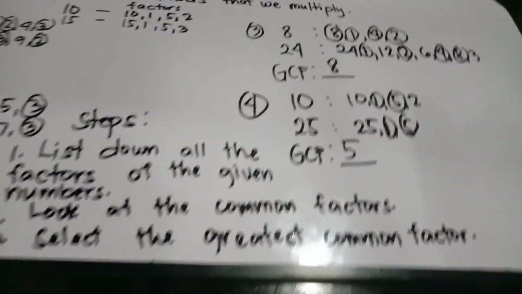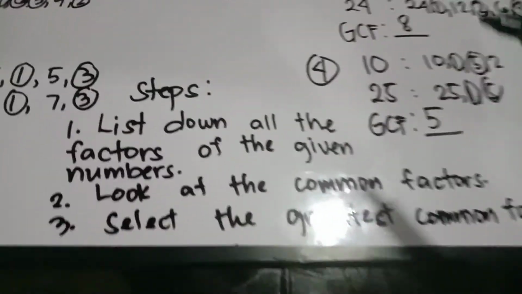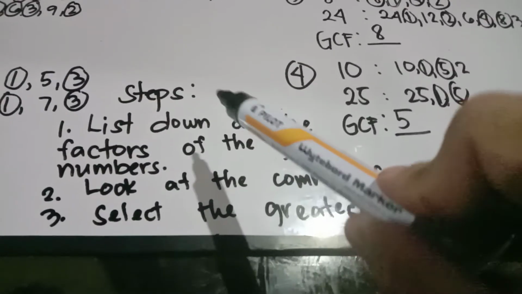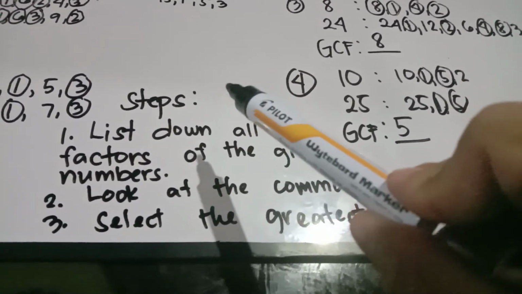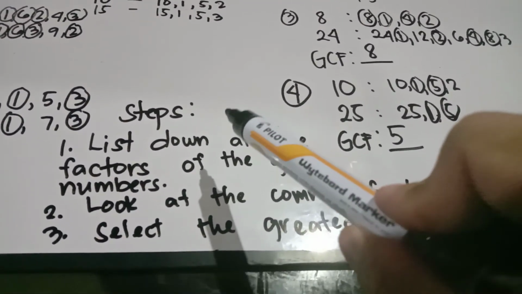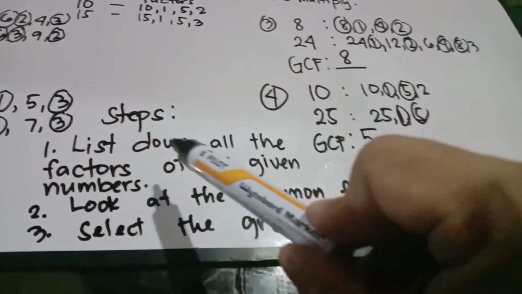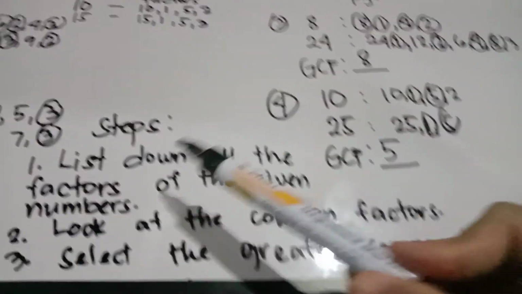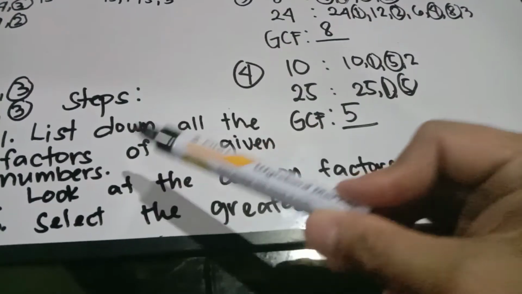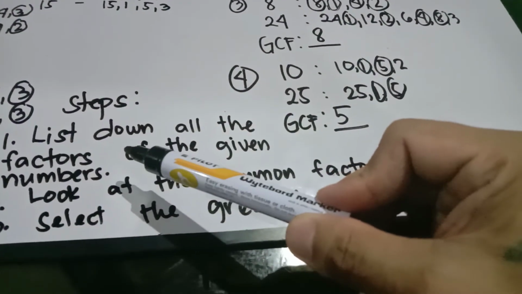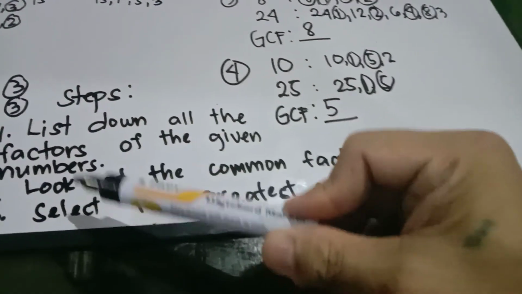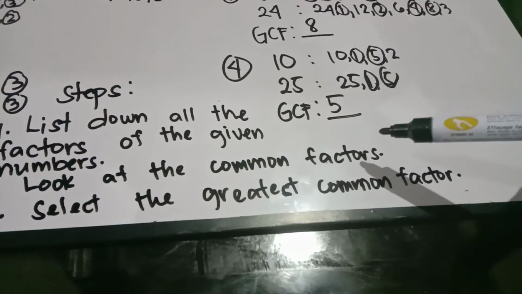Again, these are the steps in finding the greatest common factor. First is we are going to list down all the factors of the given numbers. Number 2, look at the common factors.